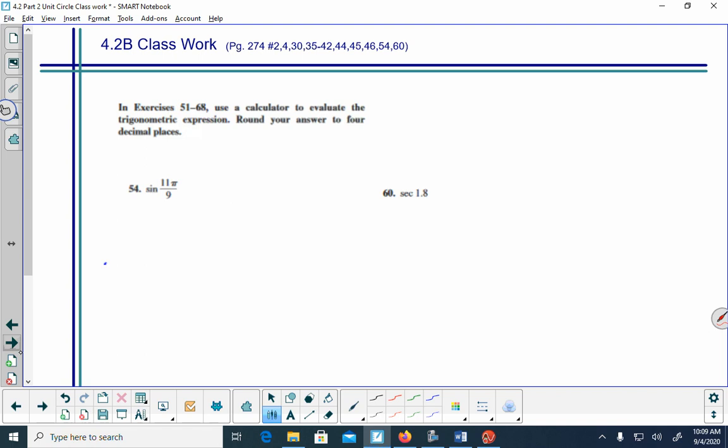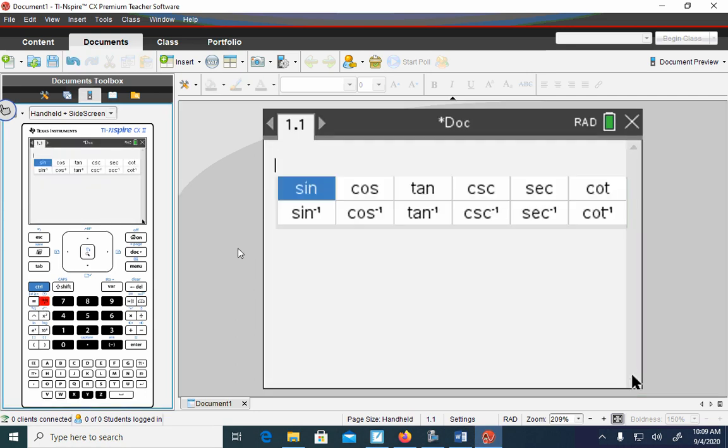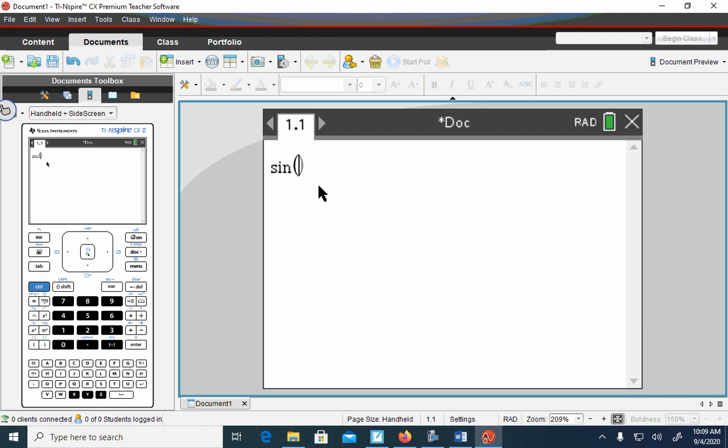The next one says use your calculator to evaluate the trig expression, round your answers to 4 decimal places. So I'm going to pick up my calculator. I'm doing the sine of 11 pi over 9. So on my calculator, I'm pressing the trig button. Sine is usually highlighted.